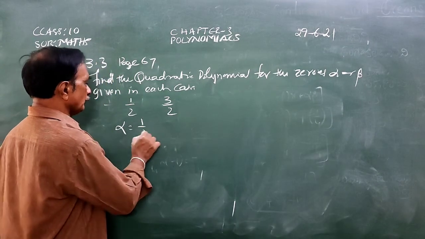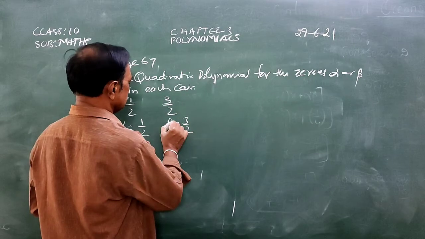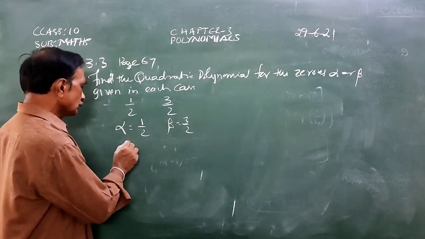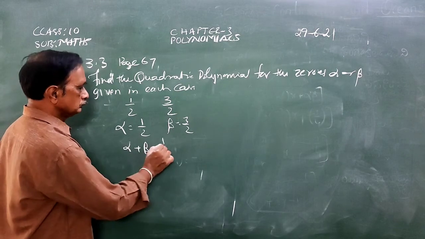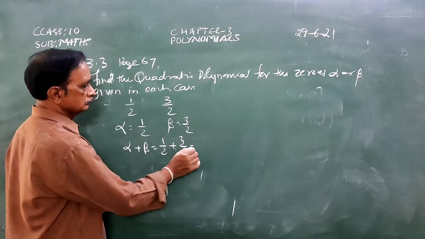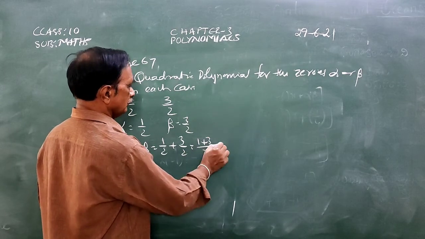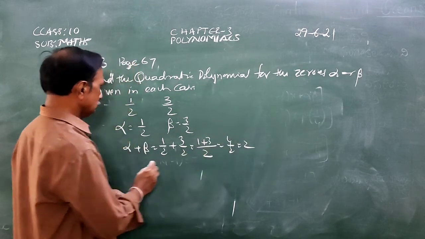And let alpha equal to 1 by 2 and beta equal to 3 by 2. What should we find now? Alpha plus beta: 1 by 2 plus 3 by 2. Denominator same, 2; 1 plus 3 is 4 by 2, that is equal to 2.